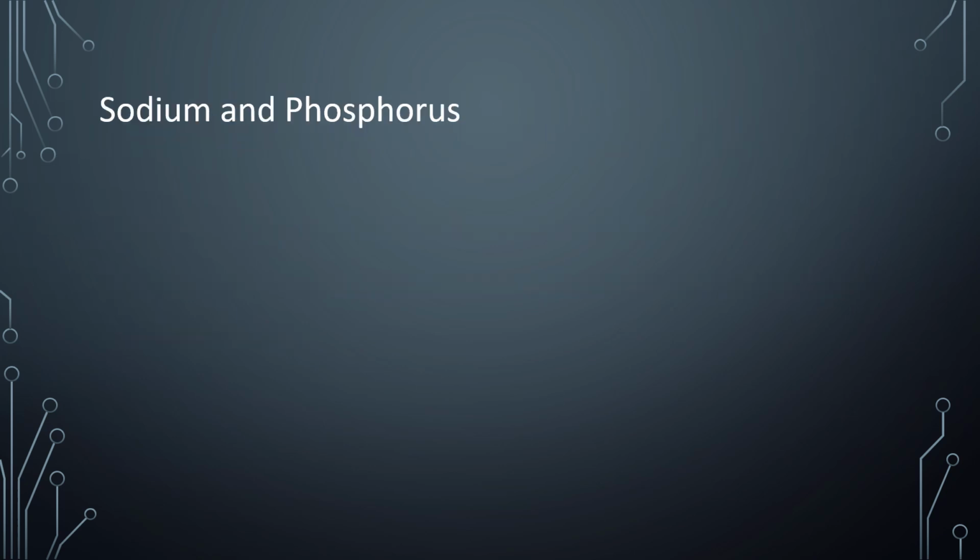So let's try sodium and phosphorus. Sodium is Na, phosphorus is P. Phosphorus has a total of 5 valence electrons. Sodium has 1. Phosphorus is more electronegative, so it's going to steal that electron. I have no more to work with from that sodium, so it's 1 plus.